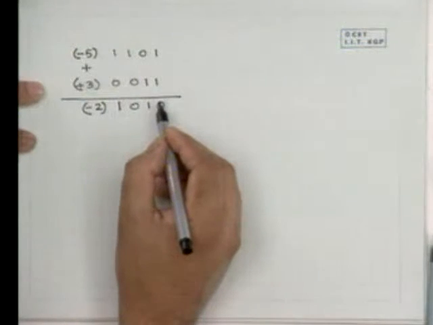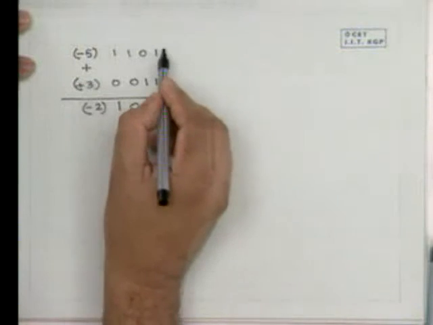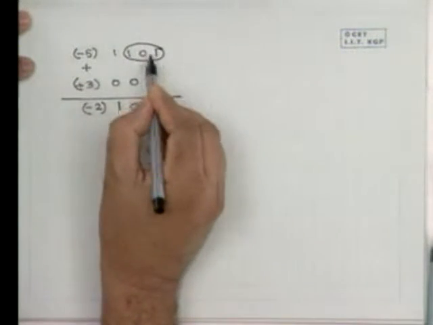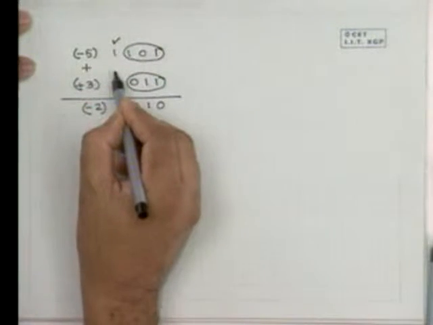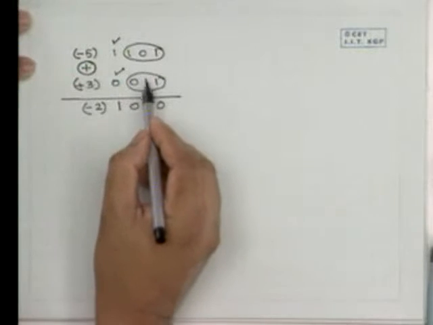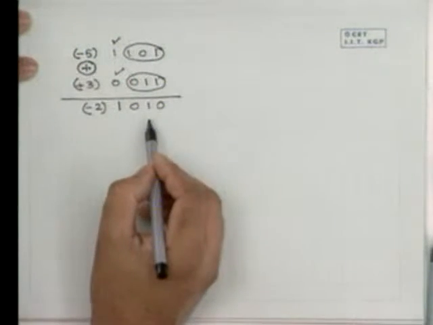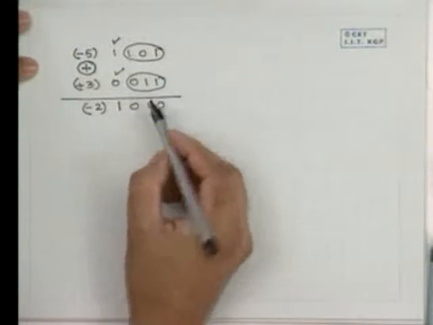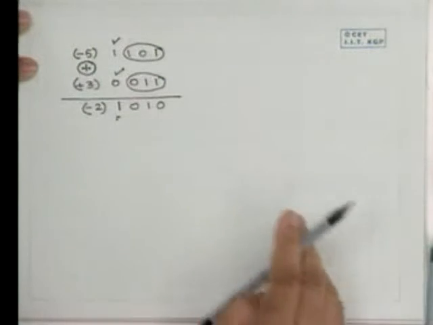So to have the result, we'll have to consider the magnitude of the two operands, the sign of the two operands, and the operation desired to ultimately decide which will be the actual operation and what will be the sign.